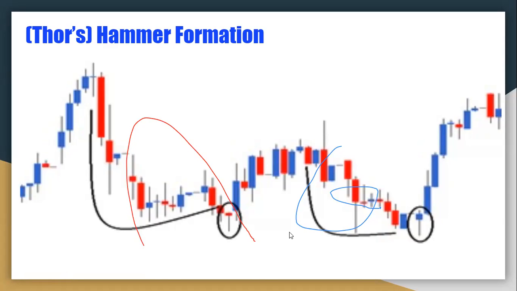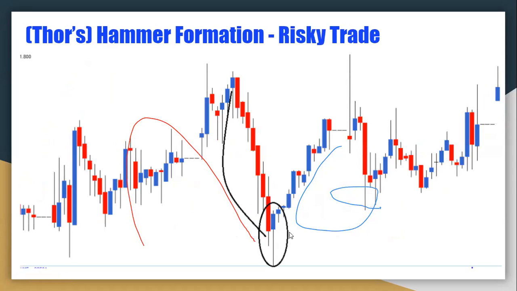Let us look at a few more examples of when this candle occurs. Let us look at this Thor's hammer formation and see how a risky trader would have benefited. This is a downtrend, a nosedive type of downtrend. This type of downtrend occurs during pandemic-like situations, or when there is very bad news for a stock or a sector.